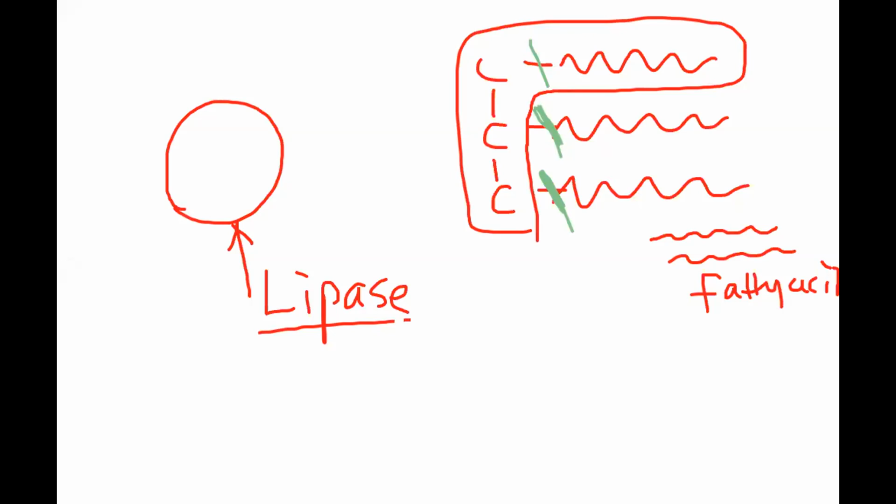Let's say you have a big fat particle made of many triglyceride molecules, and the enzyme gets on the surface. The enzyme can only work on the surface. The center part is hard for the enzyme to get to for chemical digestion.